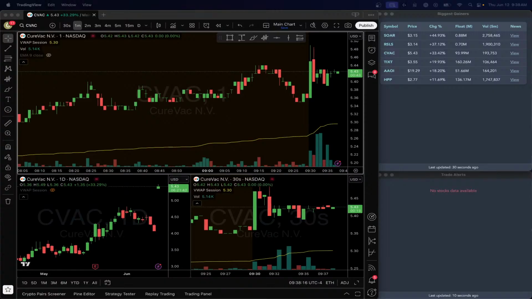About 200. 279 will be the stop. If RSLS can come back down to the VWAP, that might be a good one.